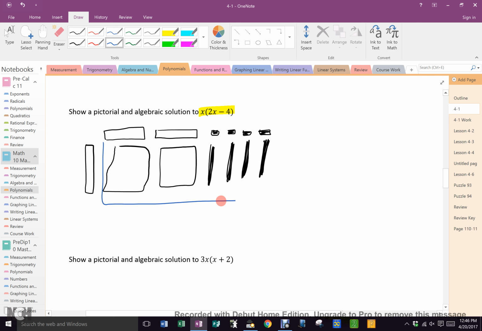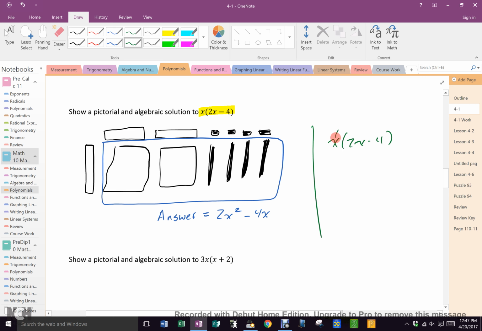Here is my answer. What is it? Just count. What is that? 2x squared. What is that? -4x. That's the picture. I also want algebra. In algebra, it looks like this.